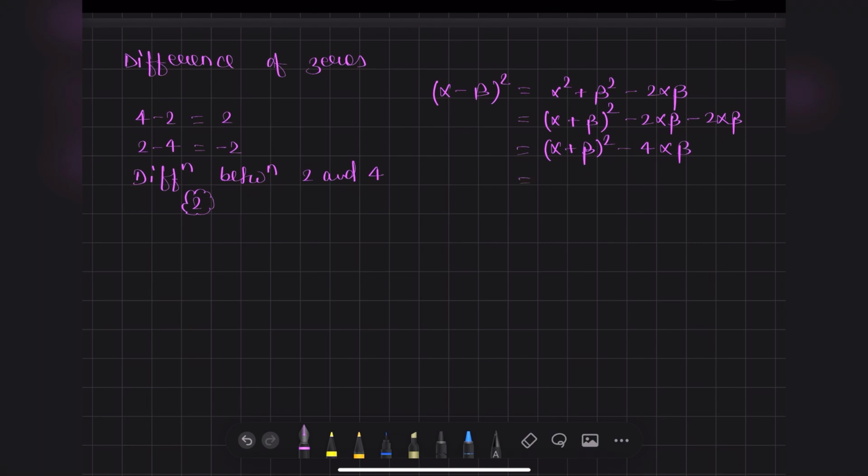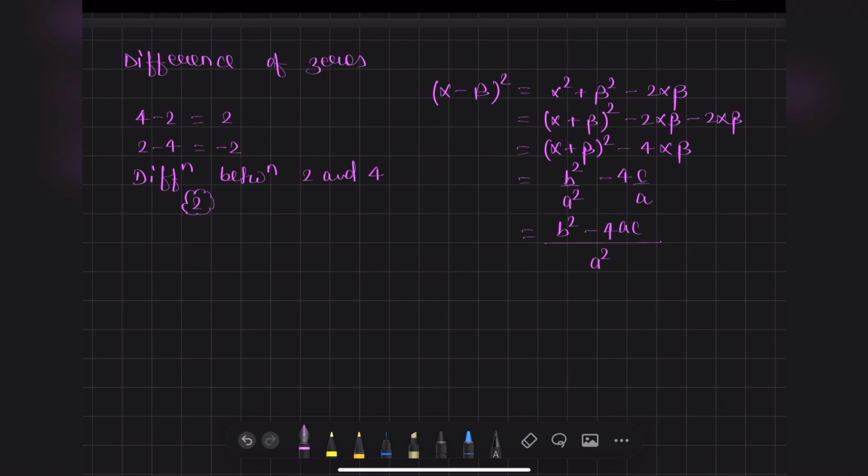Comfortable? And you also know that the sum of zeros, alpha plus beta, is minus b by a. So it is squared, so b square by a square. Now 4 times the product of zeros is c by a. Now look at this. Now we will take the LCM. So we will have a square, and then b square minus 4ac.